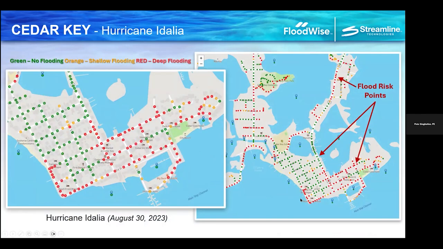Then zooming in closer, this is an evacuation route. We were predicting that to flood a couple of days in advance, and then all of these other roadways internal to Cedar Key. And then we zoom in some more. If you were here high and dry and you waited too long to evacuate, you would not be able to get out of this system in a normal passenger car.